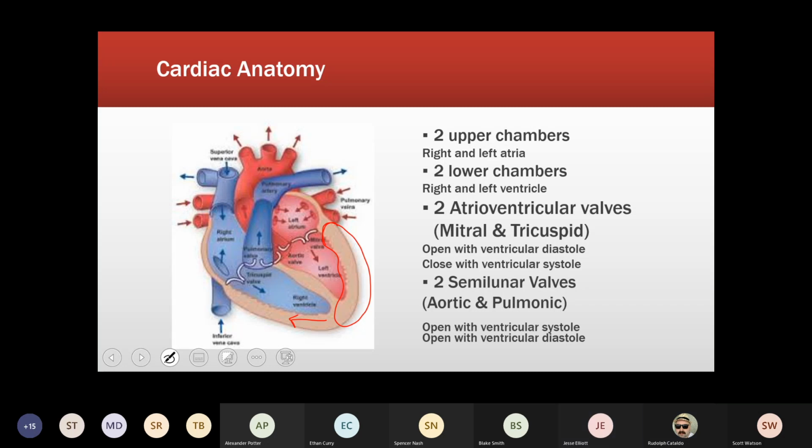More workload. It's got to work harder, right? So the left side of the heart has to push all this blood out to the body through our arteries, whereas our right side just pushes blood to our lungs. So it's essentially a low pressure system going to our lungs, whereas it's high pressure going out to the body.